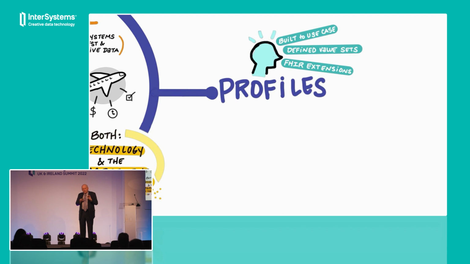That's one of the important pieces of interoperability in FHIR. And very importantly, interoperability is based not on using FHIR, but on using the same FHIR profile for a particular use case. So FHIR is by design flexible so that you can use it for different use cases, but flexibility is the opposite of interoperability.